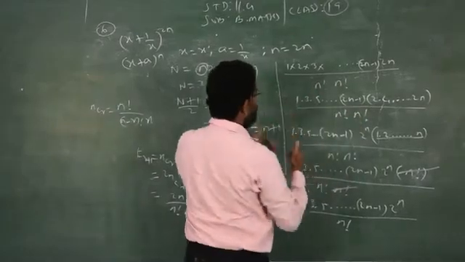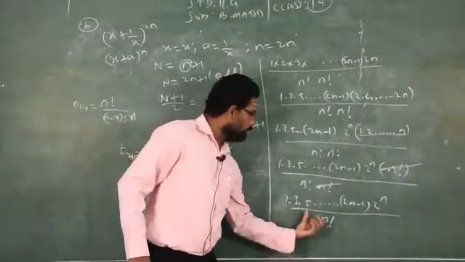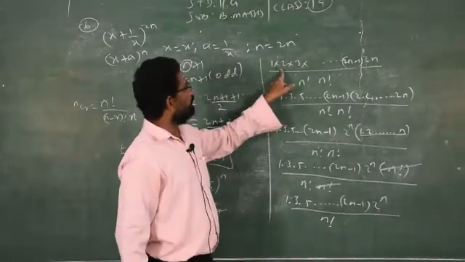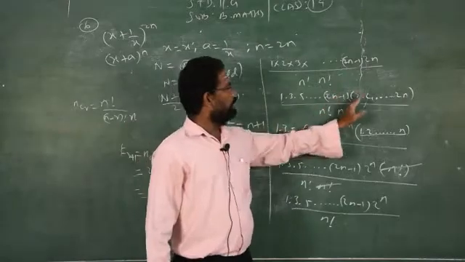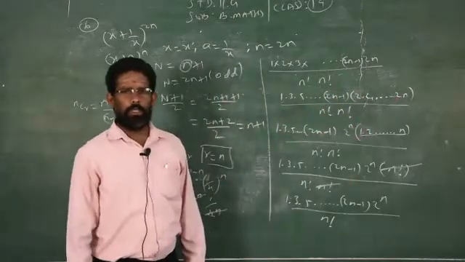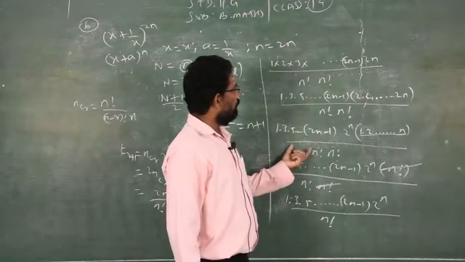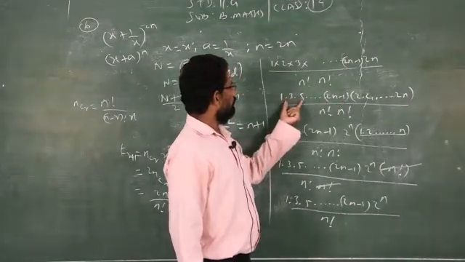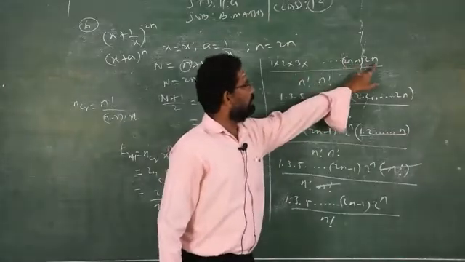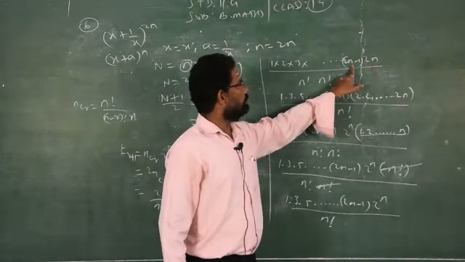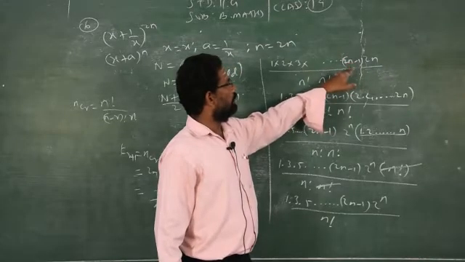Because I am asked to prove these conditions. To bring this result, I separate the factorial into odd numbers and even numbers. In the odd numbers, what is the last term? Just find the predecessor of the last number 2n, that is 2n minus 1. There you have to replace n by 1, 2, 3, 4 and so on.